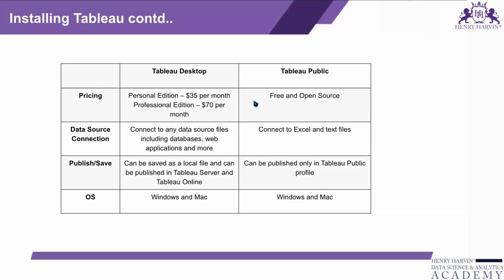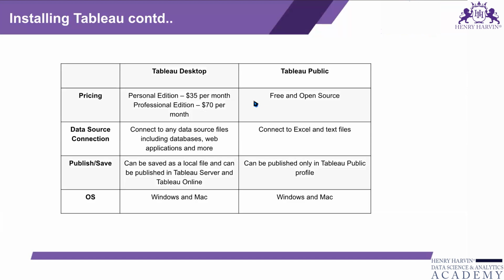While with Tableau Desktop you can publish to your local file, to your Tableau Server, and to Tableau Online, here you can publish only to your Tableau Public profile, so everyone can view what you publish. This is basically a personalized publishing platform.